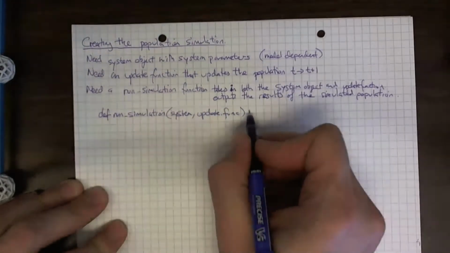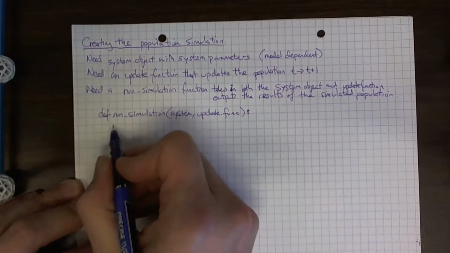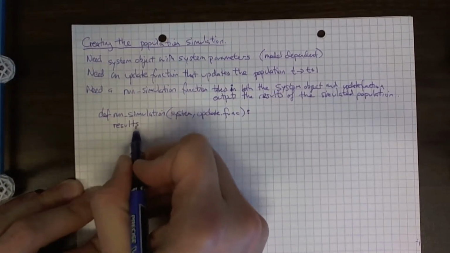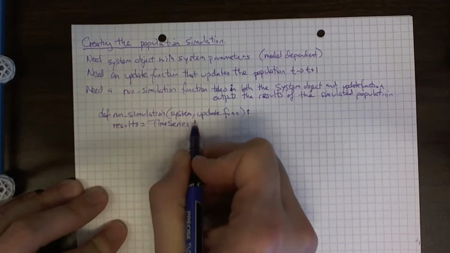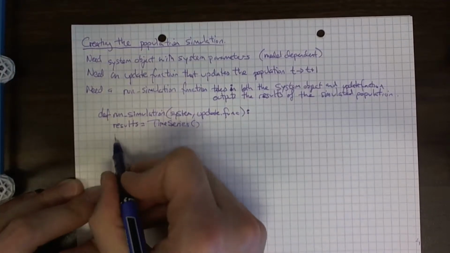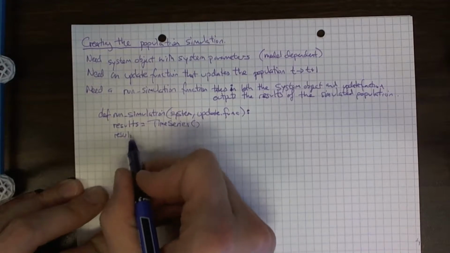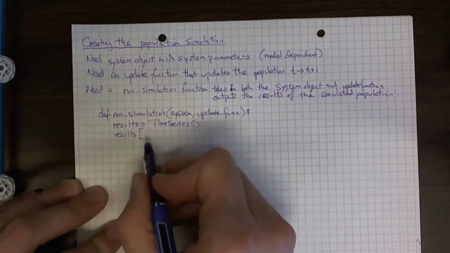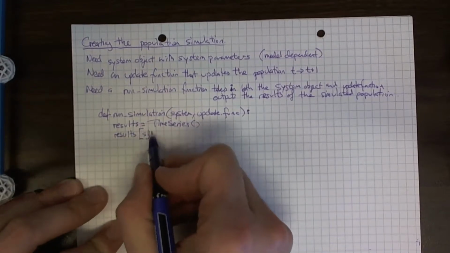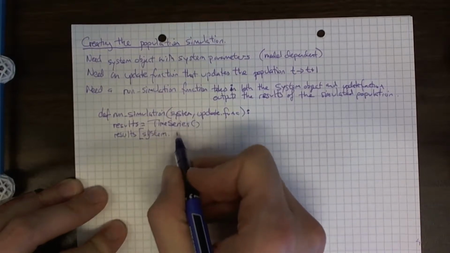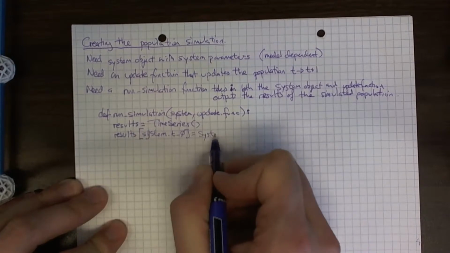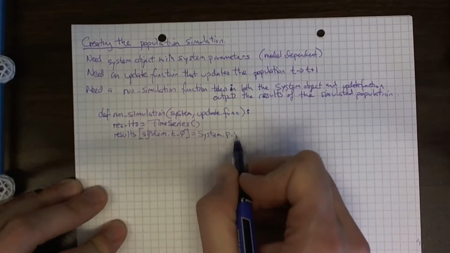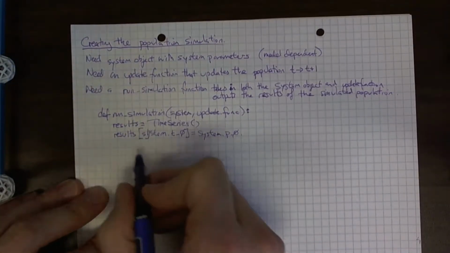We create this time series, results equals TimeSeries. We initialize it: results of the first time, which is system.t0, equals system.p0.